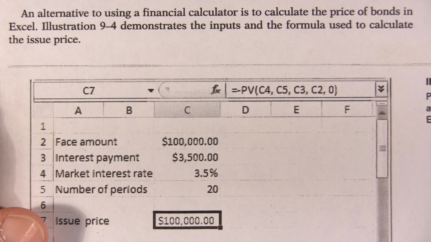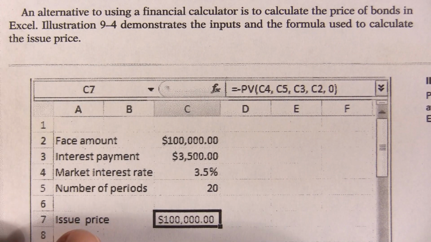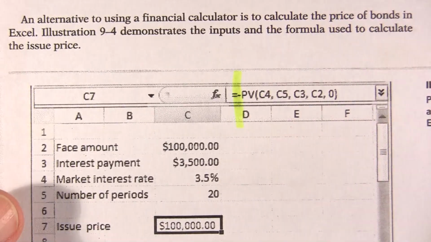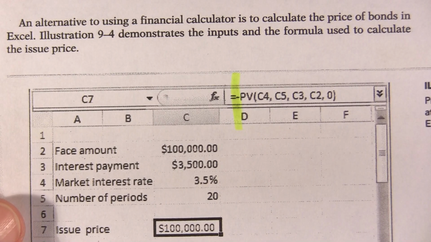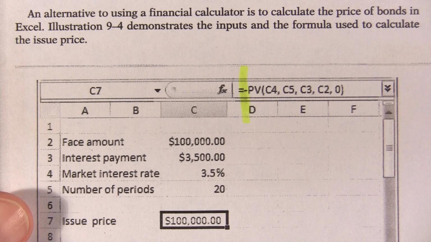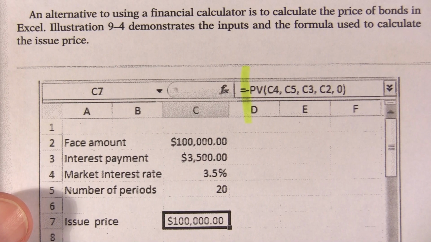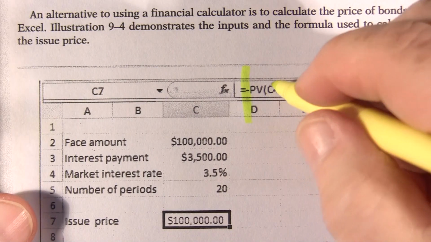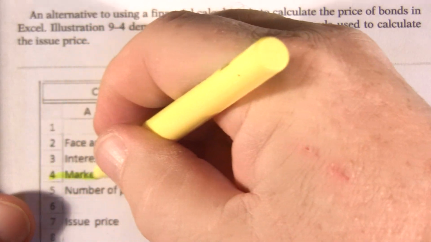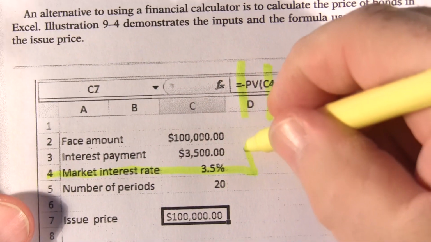Let me go through this with you. It's the present value. It starts with a minus sign because this is talking about the cash flows. So you start by laying out cash, so it begins with minus. Then the very next thing in the argument has to be the market interest rate.